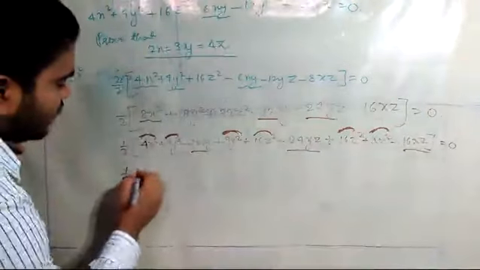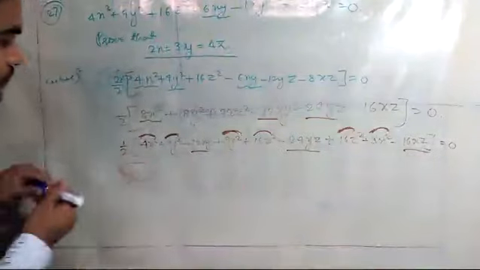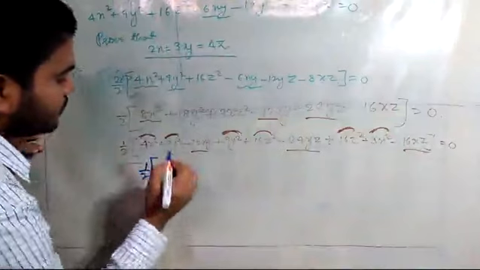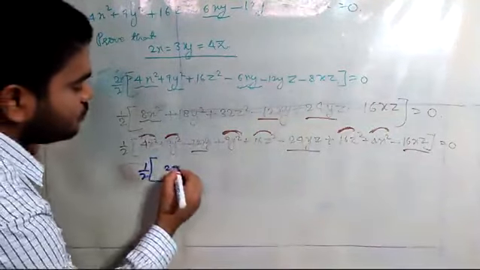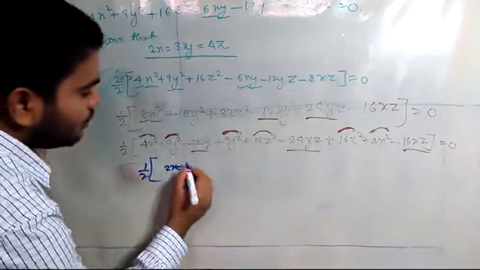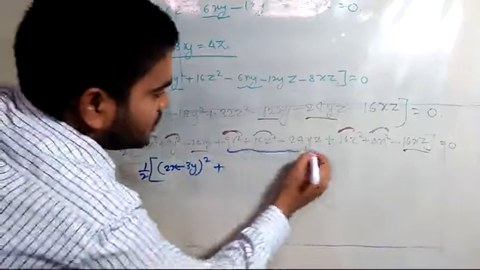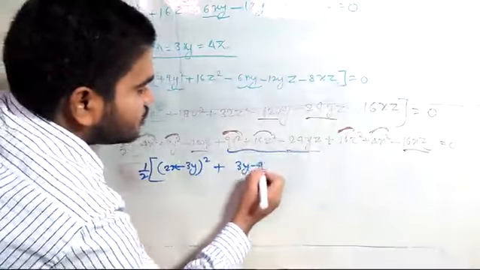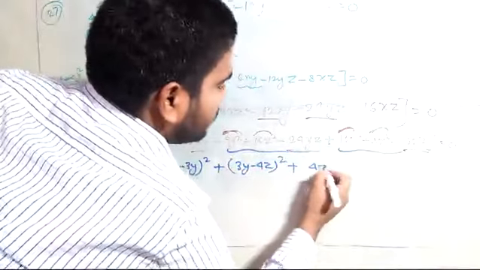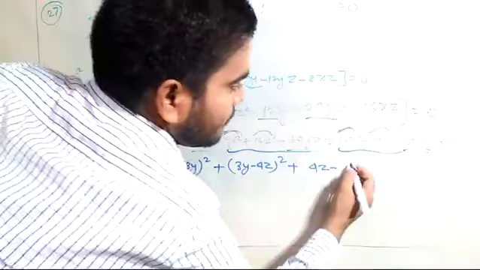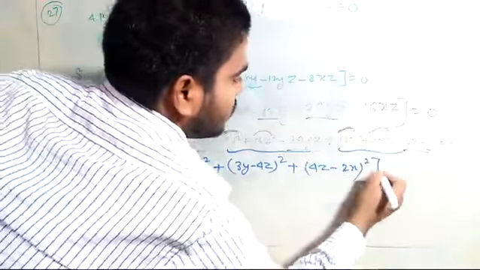Now if you see here, 1 by 2, 1 by 2, then 4x square plus 9y square minus 12xy will be equal to (2x minus 3y) whole square, plus this term will be equal to (3y minus 4z) whole square, plus this term will be equal to (4z minus 2x) whole square.